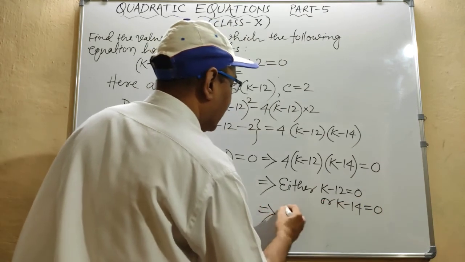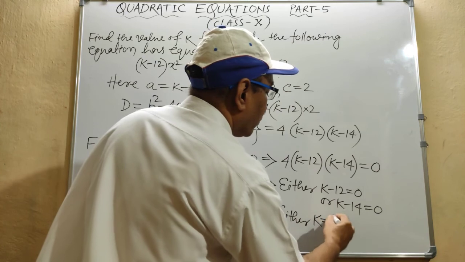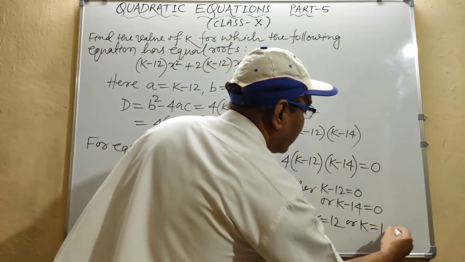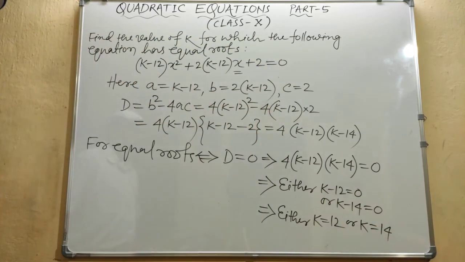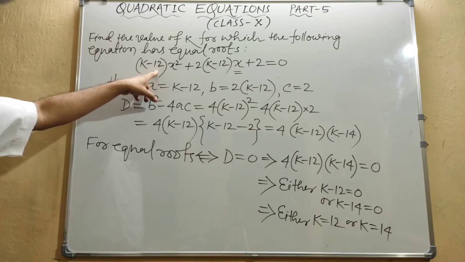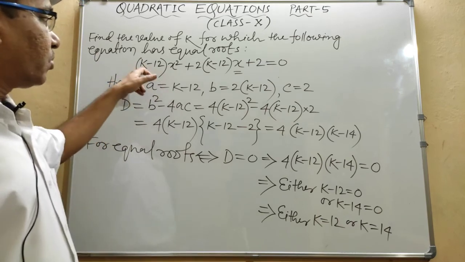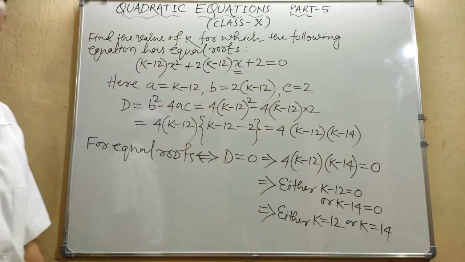This implies either k equal to 12 from here and k equal to 14 from here. So two possibilities are there. Either value of k is 12 or value of k is 14. k का वैल्यू या तो आप 12 ले लीजिए या तो 14, इसका रूट्स इक्वल आएगा.